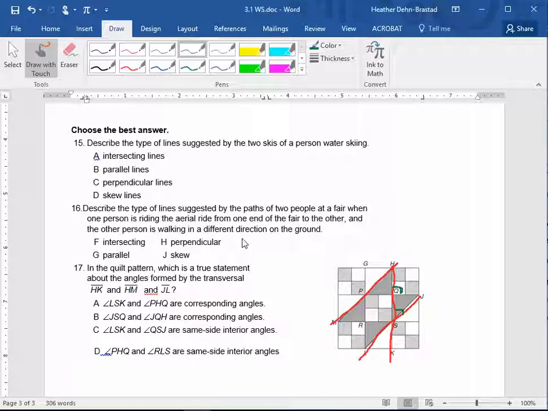But that's not going to be correct because JQH is not even an angle formed by these lines. I guess it's this angle right here, but that is not an angle that was formed by the line. So that can't be the right one.